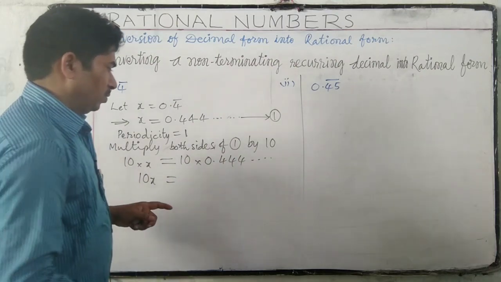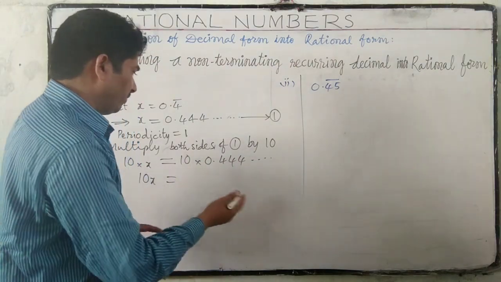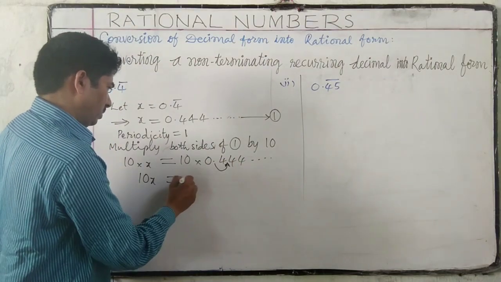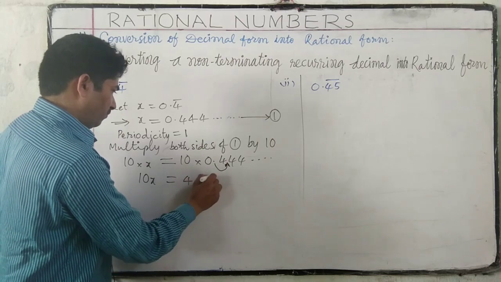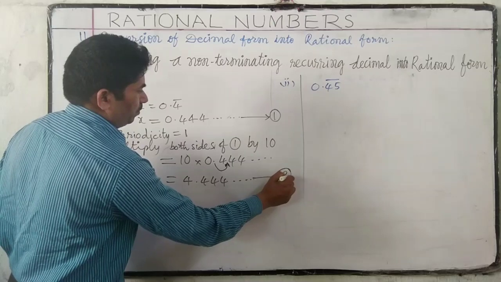On the right side, to multiply by 10, shift the decimal to the right by one place. So here it will be 4.444 and so on. This is equation number 2.